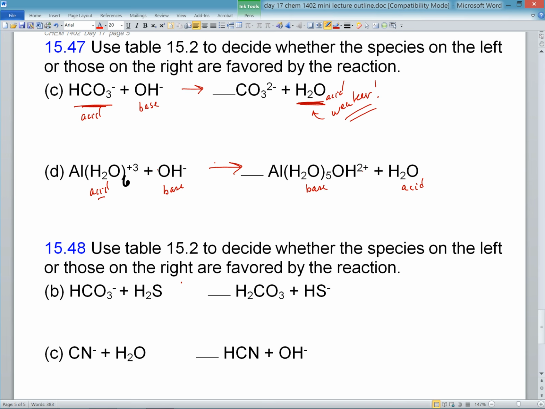Do the same thing to 48. See if we can all agree with 48. Try to identify the two acids.